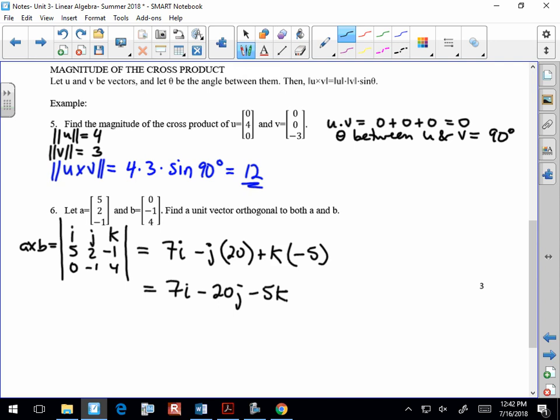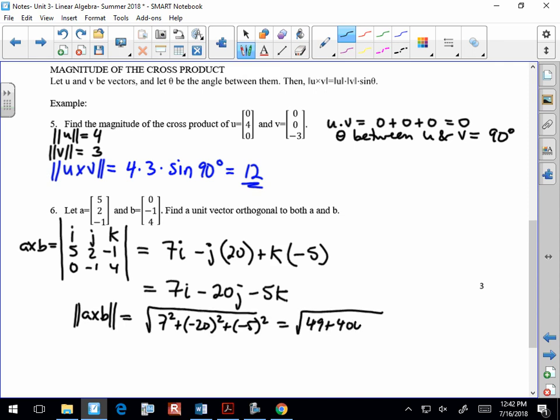So personally, instead of finding the magnitude twice, I'd rather find the magnitude once. In this case, it would be the magnitude of the actual cross product. So without the formula, it would just be 7 squared plus negative 20 squared plus negative 5 squared. So 49 plus 400 plus 25, so 474.